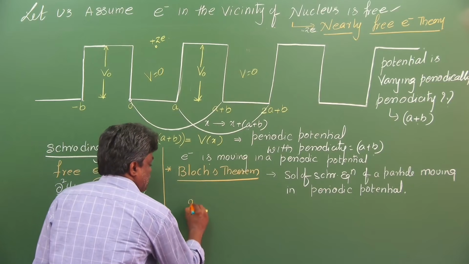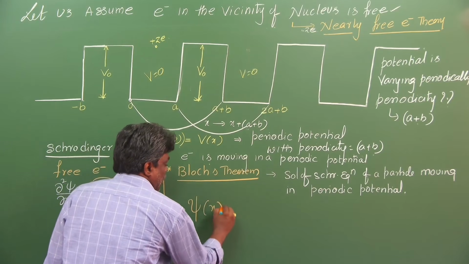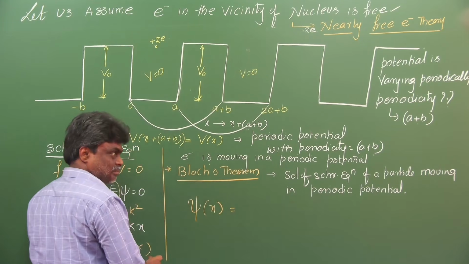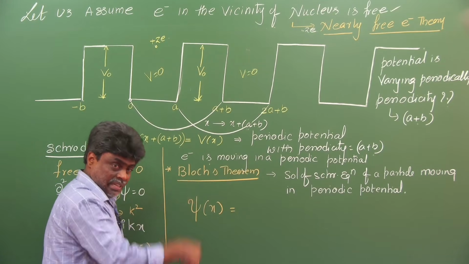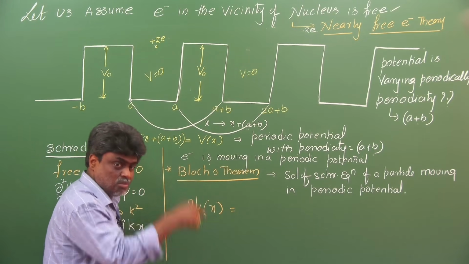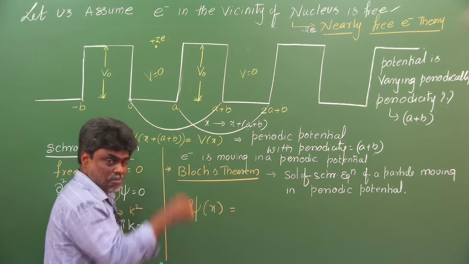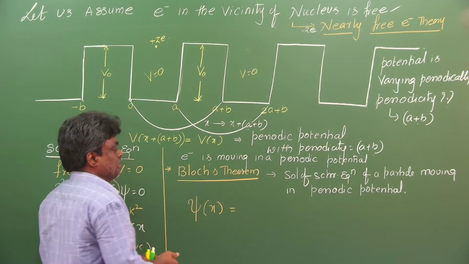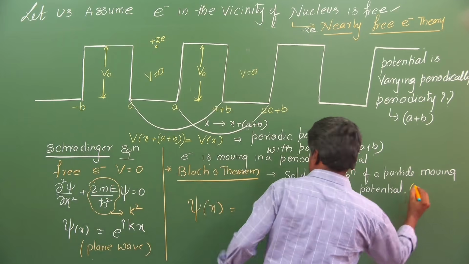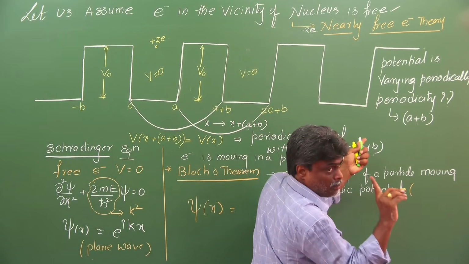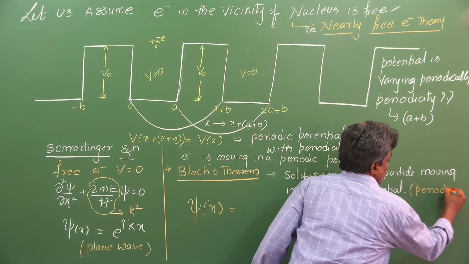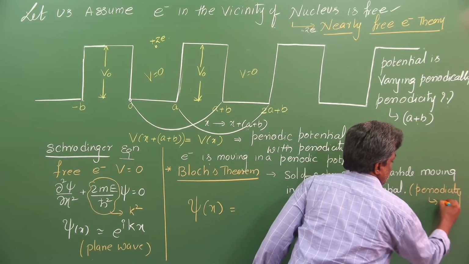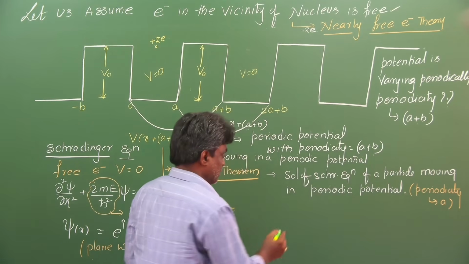The Bloch's theorem is given by ψ of x equal to, what is that? This is the solution of Schrodinger equation of a particle moving in periodic potential. Clear? Now I am assuming, because this is the theorem, not the problem, I am assuming periodicity is A. Periodicity is how much I am taking? A.